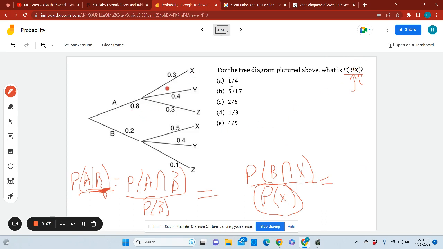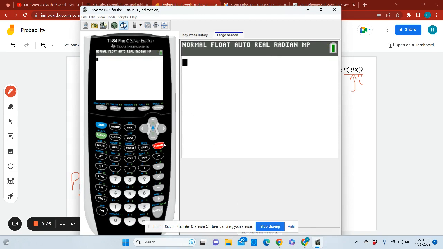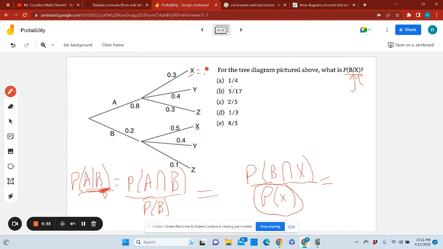So in order to do that, I'm just going to do some simple probability calculations on my tree diagram. X can occur two ways. It can occur when A has happened first, or it can occur when B has happened first. So if I want the probability that A and X will happen, I'm going to do 0.8 times 0.3, and I'm going to get 0.24.